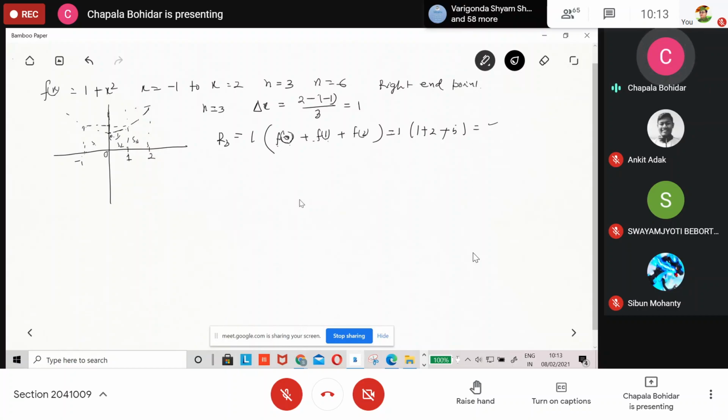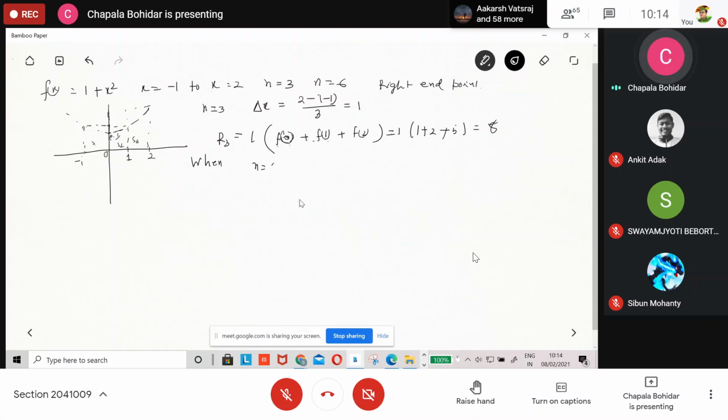You get the value 8. Clear? All of you clear? Using the right endpoint, we get the value 8. Yes, ma'am. Okay. Then n is equal to 6. What is the value for n?